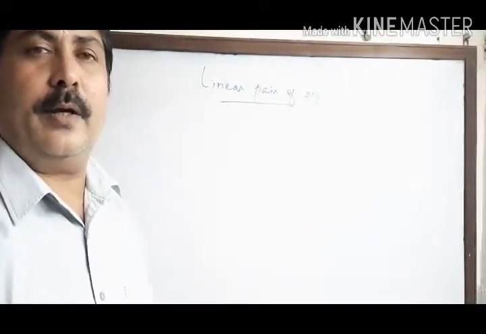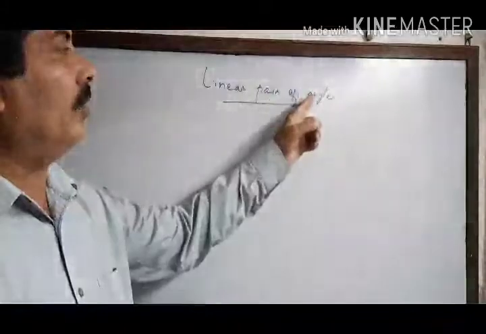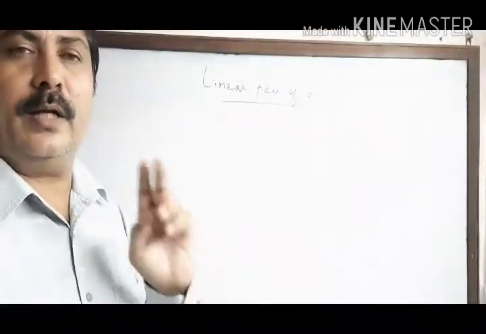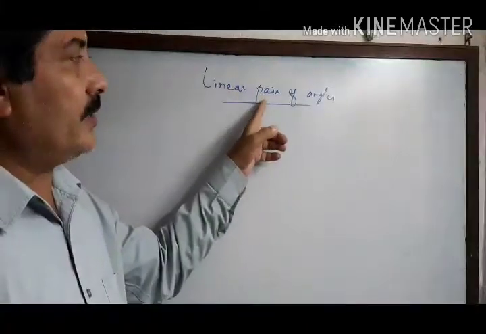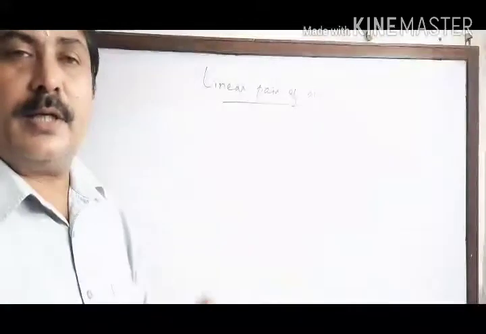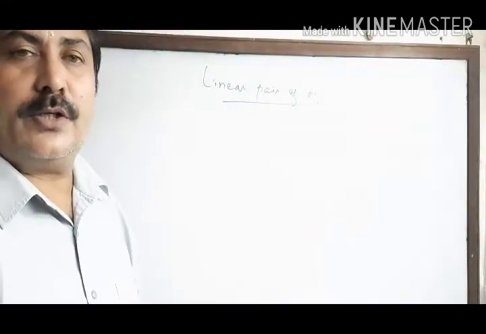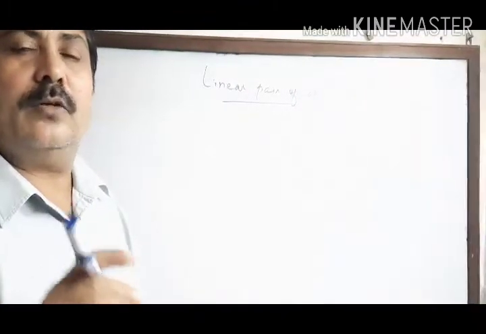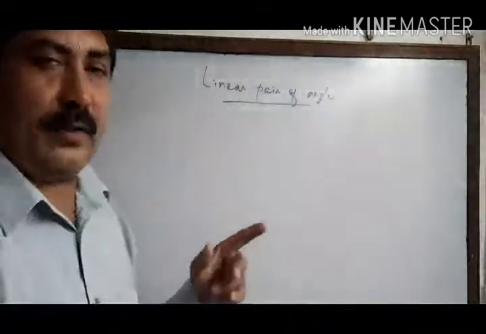Now linear pair of angles. Second point, linear pair of angles. That means when do we call two angles forming a linear pair? So linear pair means when two adjacent angles are constructed in such a way that the sum of their measurements is 180 degrees.